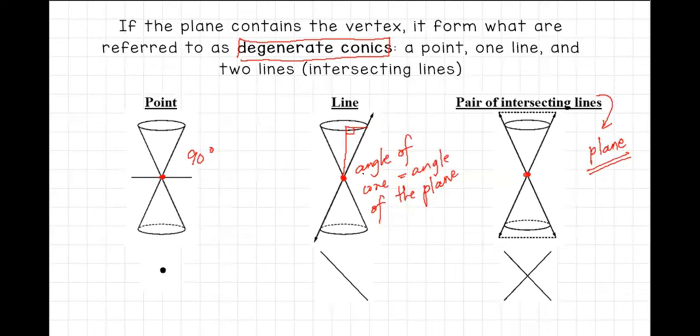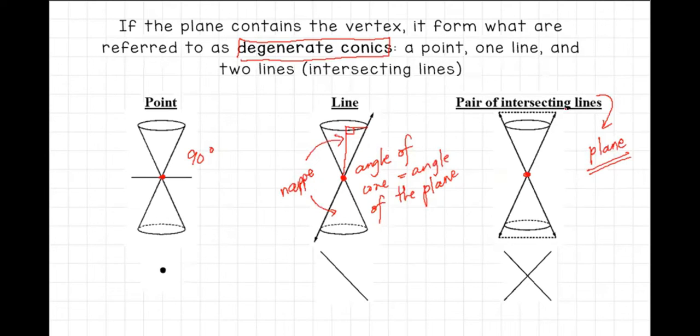Okay? Kasi kanina, itong angle of the plane is equal to the angle of the cone ay para rin siyang definition ni parabola. Pero si parabola kasi, isa lang doon sa nap ang tatamaan mo. Either si lower nap or si upper nap. Pero kapag parehas na lower and upper nap ay tinamaan mo, magkakabuo ka ng line.